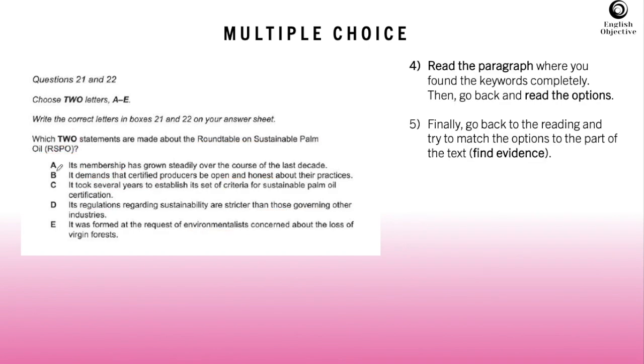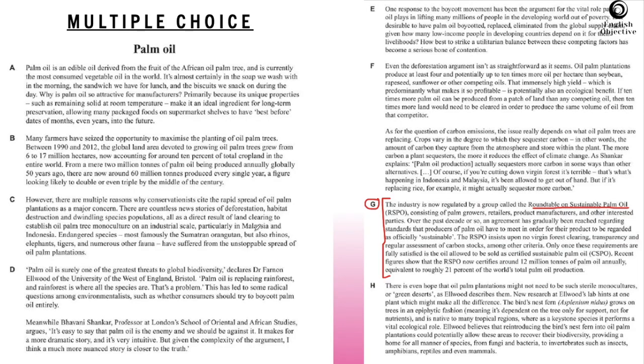Okay, so now I will try to find connections between those options and what I read in the passage. So now we would have to read more in detail. Over the past decade, so there's some time there, an agreement has gradually been reached regarding standards, so something about criteria, that producers of palm oil have to meet in order.